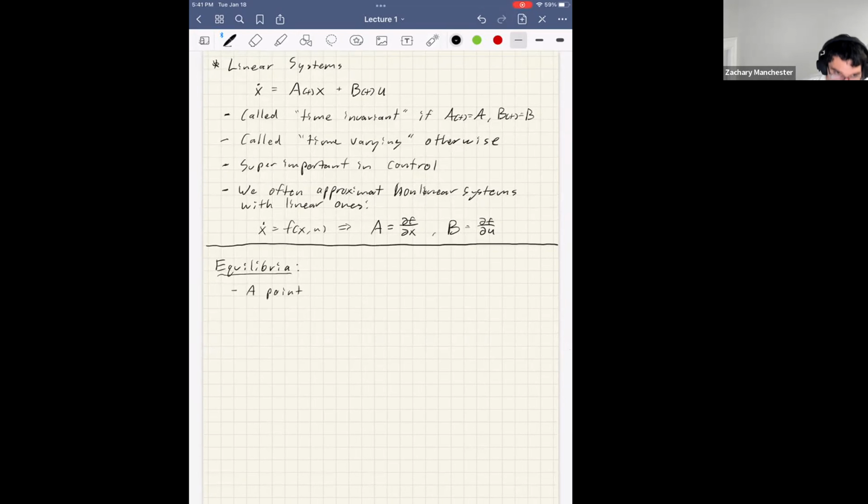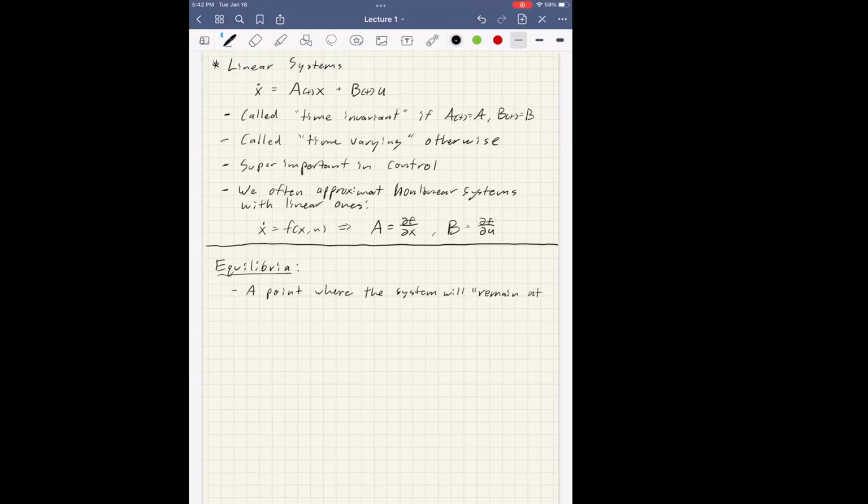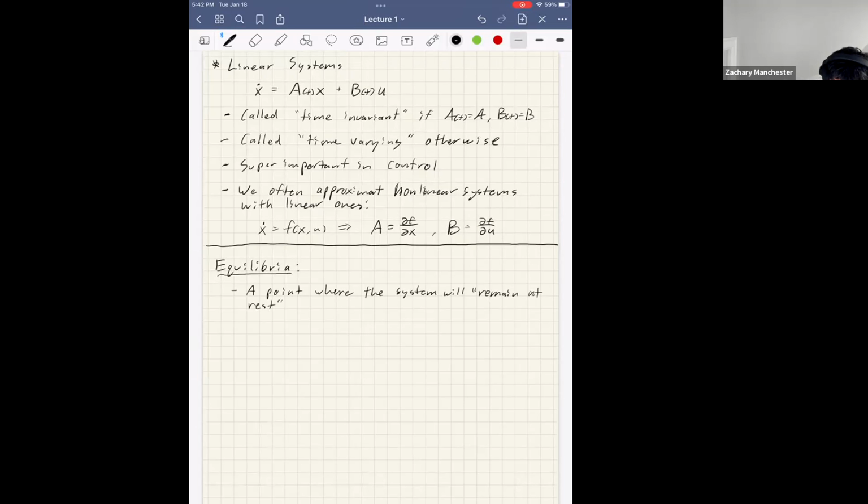Can anyone tell me what that looks like in terms of the dynamics, in terms of f of x, u? Come on. When it equals 0. Yeah, thanks. Okay, so that's right.